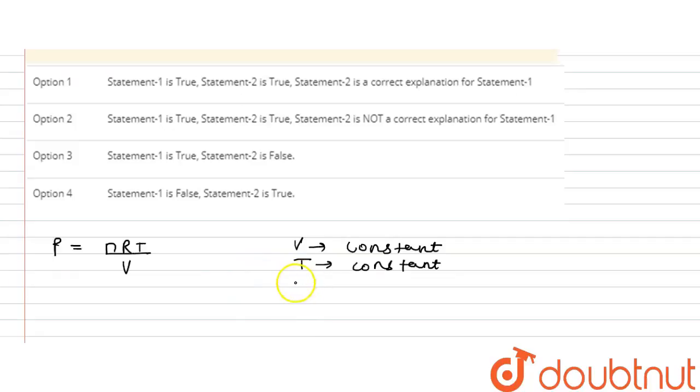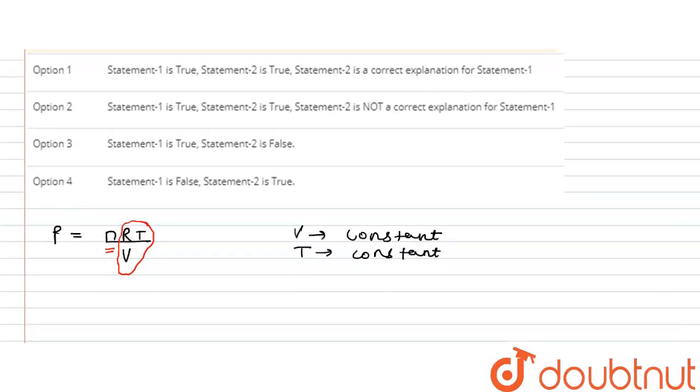R is also constant. So this whole term, RT by V, is a constant term. What is varying? Number of moles, because when some more gas is added, the number of moles of that gas is increasing. So you can say P is directly proportional to the number of moles at constant temperature and volume, right?